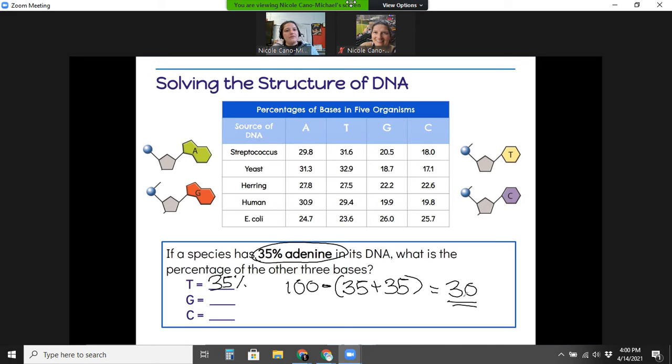So I'm just going to split that equally between guanine and cytosine, because 30 divided by 2 is 15. Again, Chargaff's rule helps us figure out the percentage of each nucleotide that exists in our DNA.